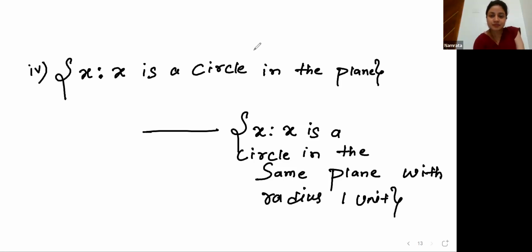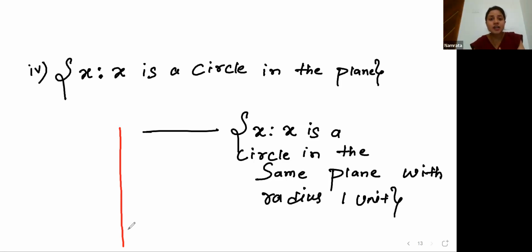Yes, it's a subset. Let me explain it, let me give the clarity. Here the left hand side is given in set builder form: the set of all X such that X is a circle in the plane.